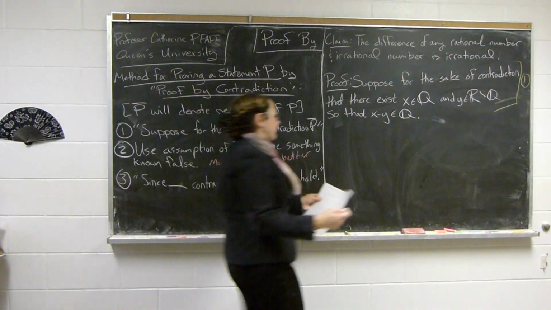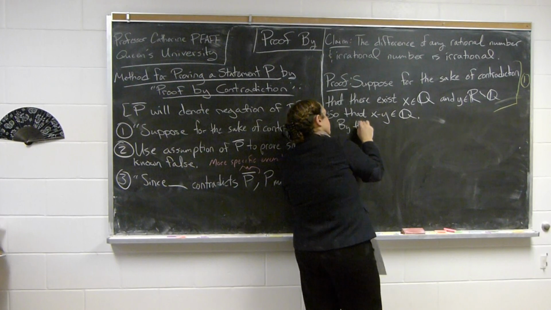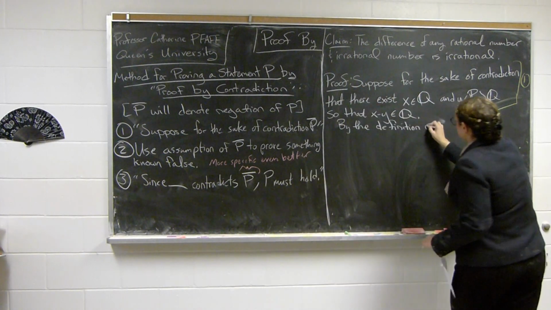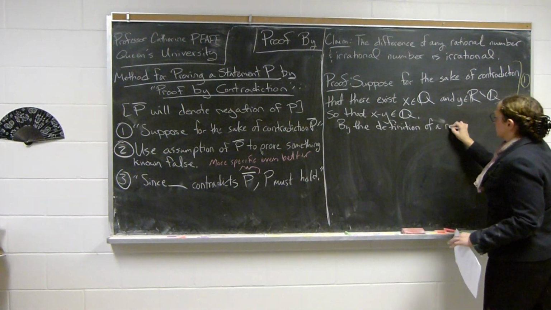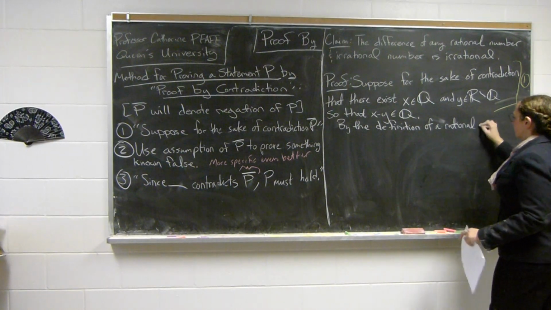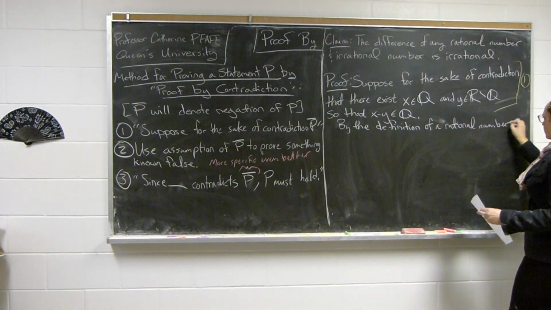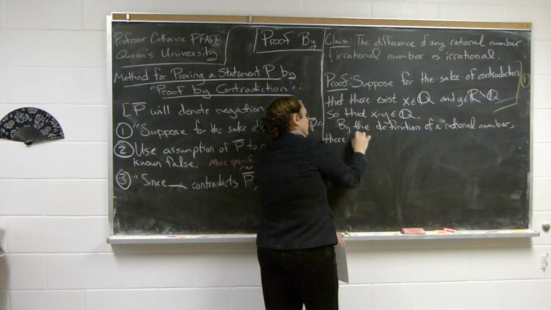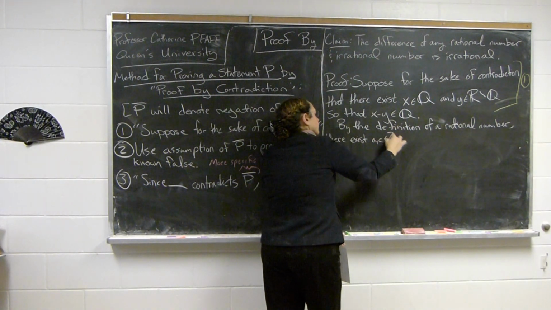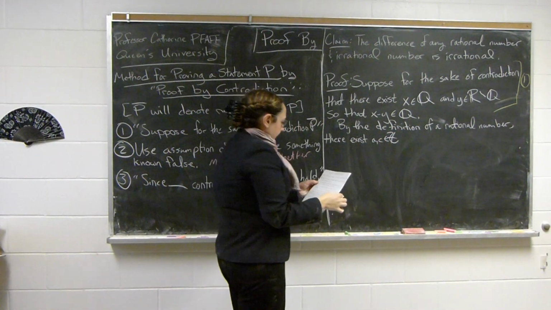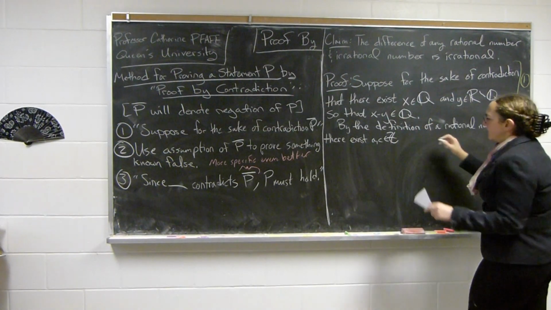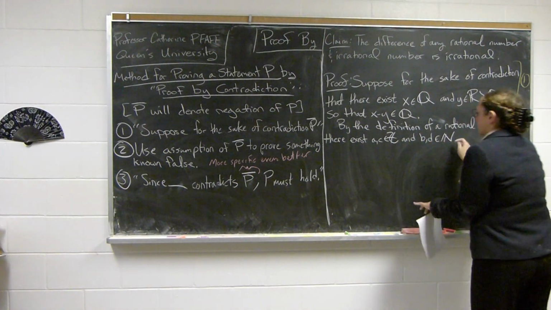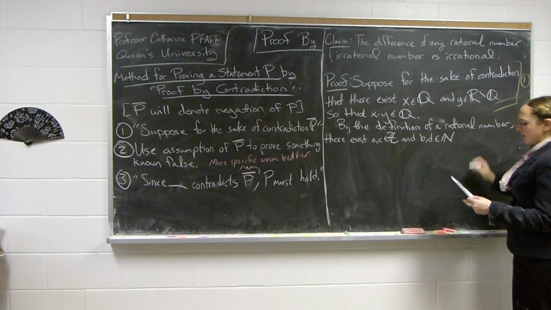the definition. So by the definition of a rational number, there exists a, c in the integers and b, d in the natural numbers, and here I'm using the American natural numbers, where we do not include 0.